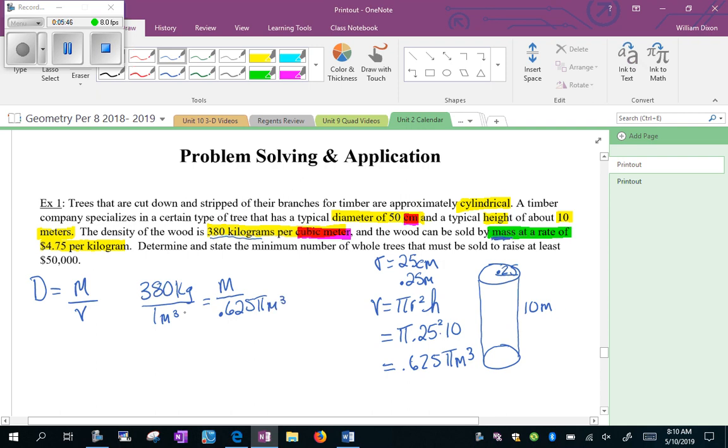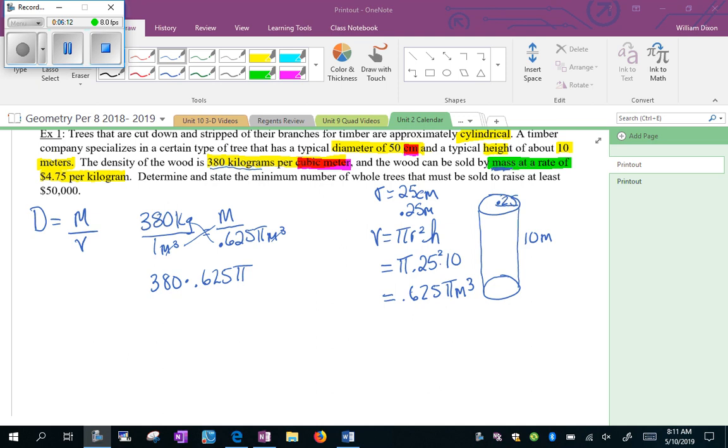We're going to cross multiply, and we get 300 times 0.625 pi. Let's not leave off the pi. So that's 300 kilograms times 0.625 pi, but we are not going to multiply in that pi. We're going to leave that to the end.